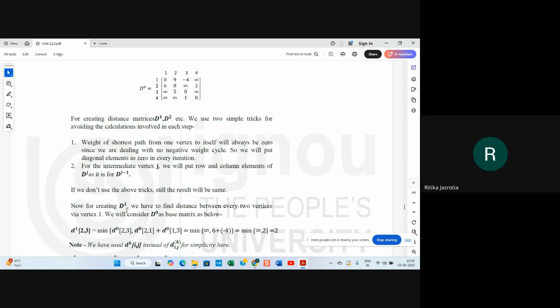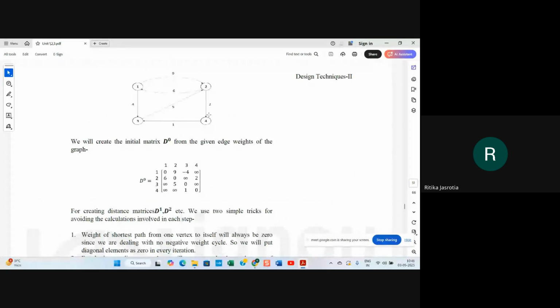Now for creating D1, we have to find the distance between every two vertices via vertex 1. We will consider D0 as the base matrix as below. So if you are finding D1 of 2, 3, it will be equal to the minimum of D0 2, 3, which has what weight?